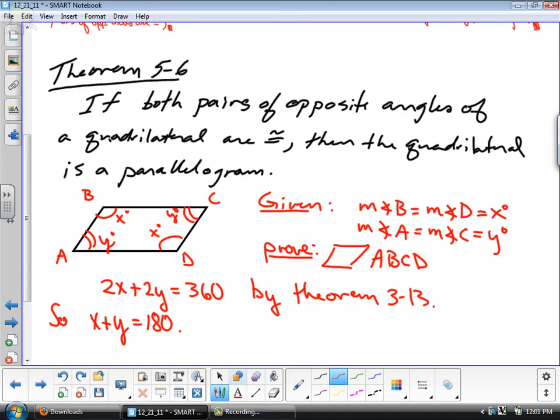Since x and y add to 180, the same side interior angles are supplementary.